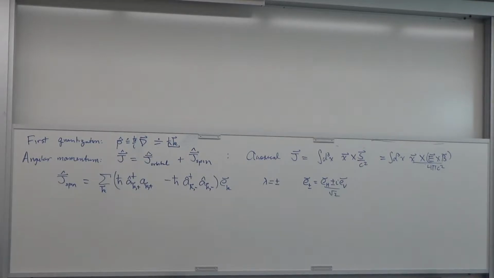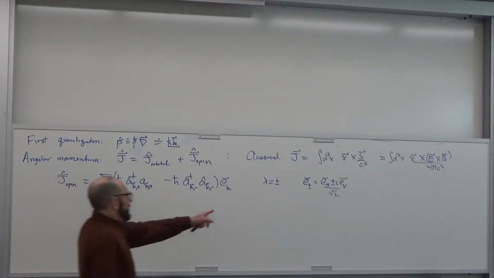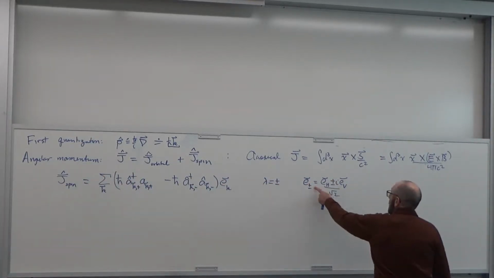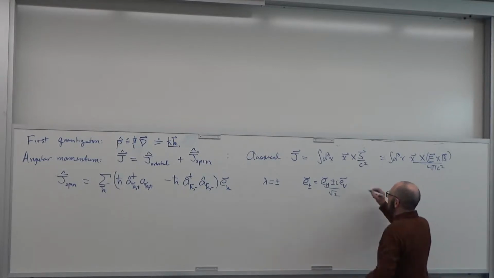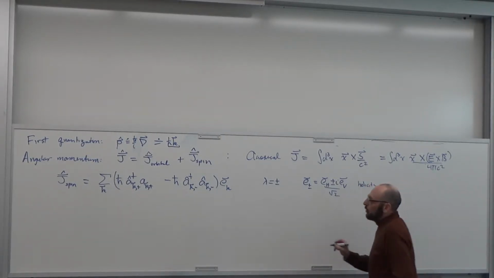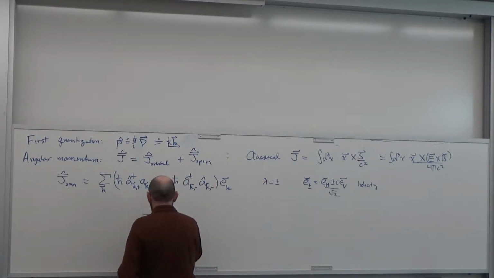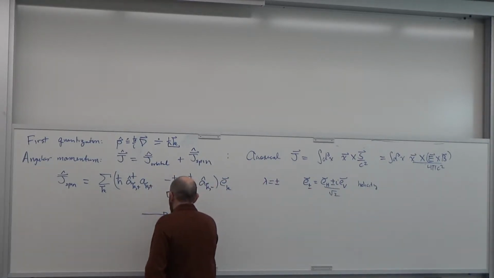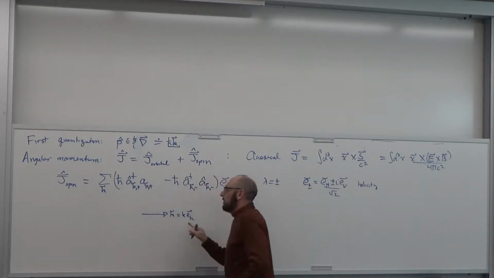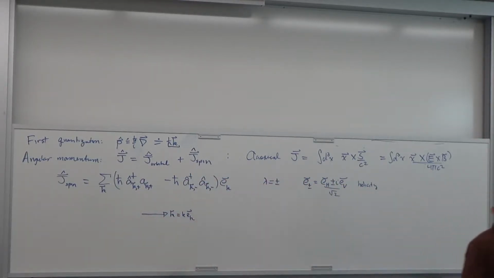They're plane wave modes which have either a positive or negative helicity. So we're looking at plane waves which are propagating in some direction, specified by that unit vector, e sub k, the direction of the wave vector.